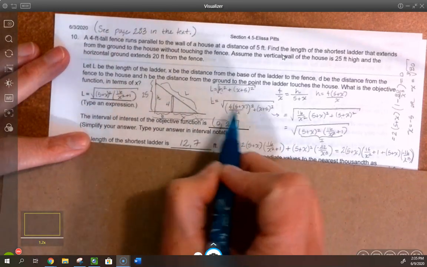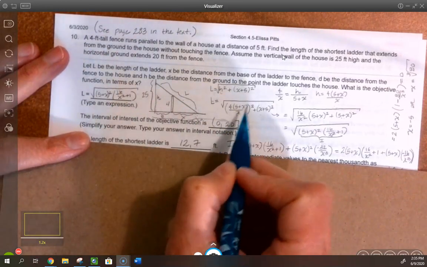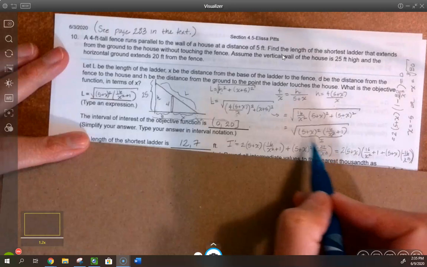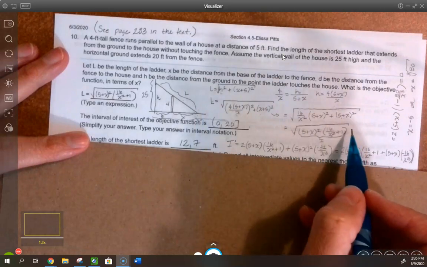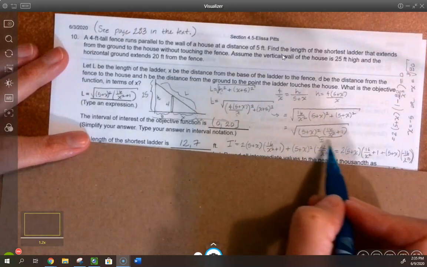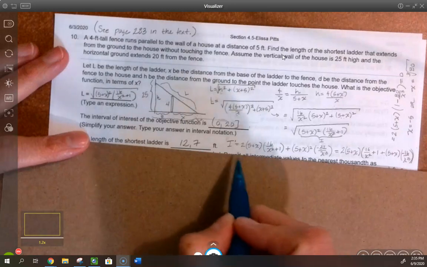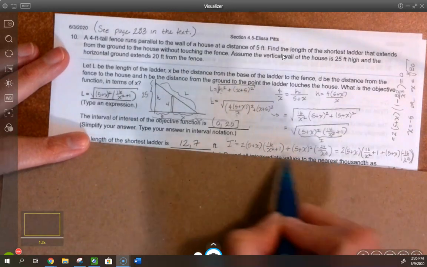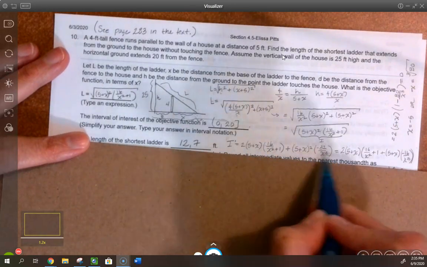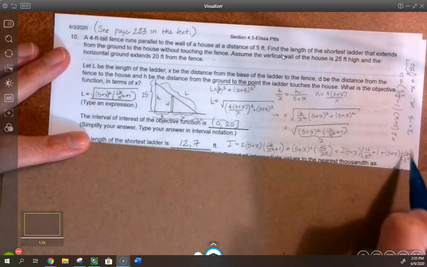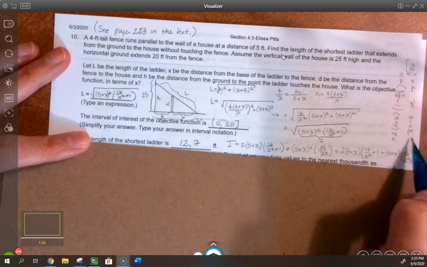I think either of these should be fine, but if they don't accept this, then you do have to put it in this form. Like the distance formula problem, this is a square root. We want to minimize that square root, and so we can just minimize what's underneath it. I took the derivative of the inside of this, I called it I, simplified, factored out some things, and set this equal to 0.